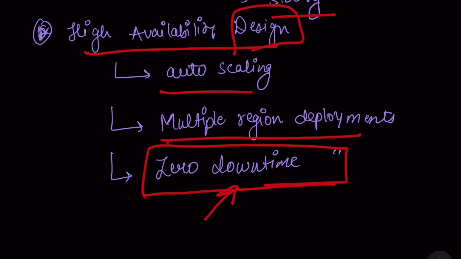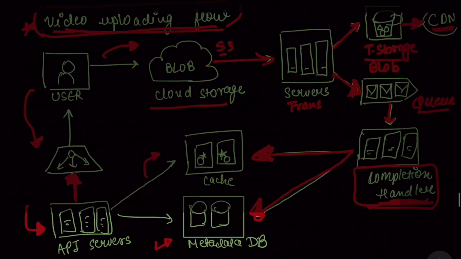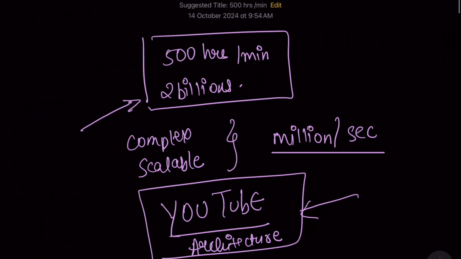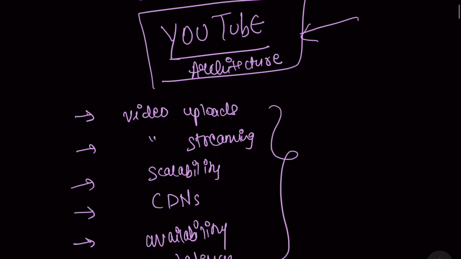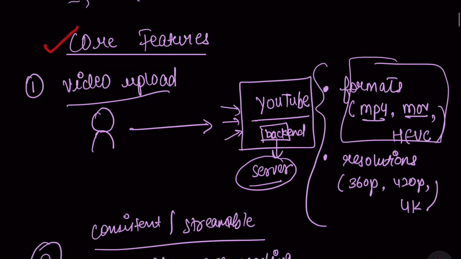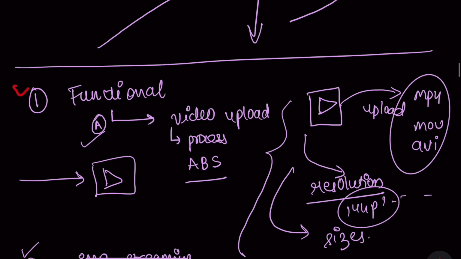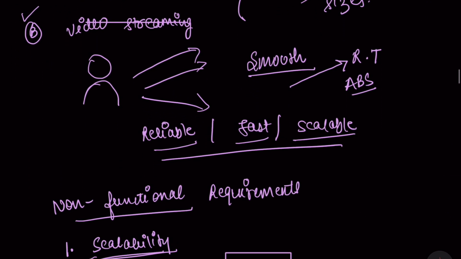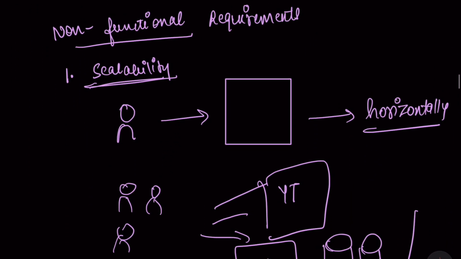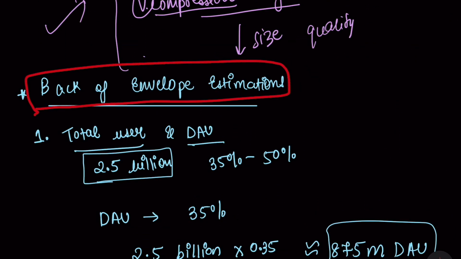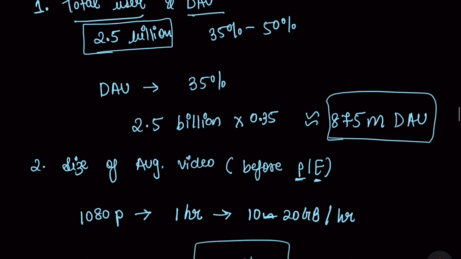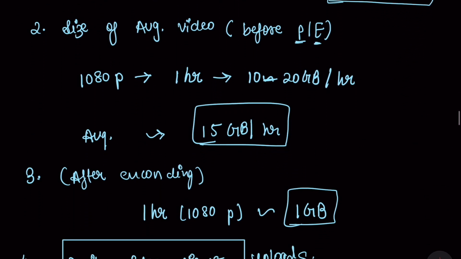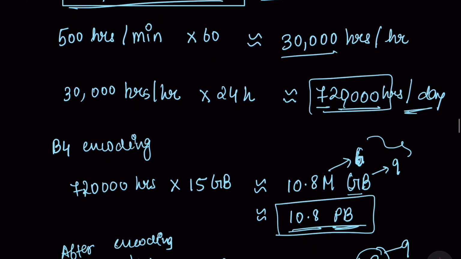Okay, so that is what we are going to have for the fault tolerance design and for the high availability design. So if we look over it, we started with the introduction. We learned about the core features of YouTube, then we covered the functional requirements for our system design and then the non-functional requirements. Then we went on with the back of the envelope estimations. Here we calculated the total users, daily active users, and what the storage, servers, and capacities are going to be.